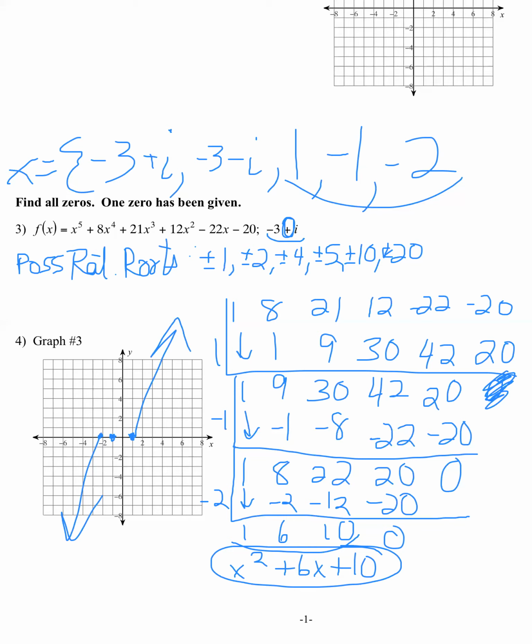Okay, -1 is a double root. Now, here's what is going on here. It probably doesn't look something like this. That's usually going to be an x to the 3rd. So an x to the 5th, it's probably going to have some other funky little thing that happens.